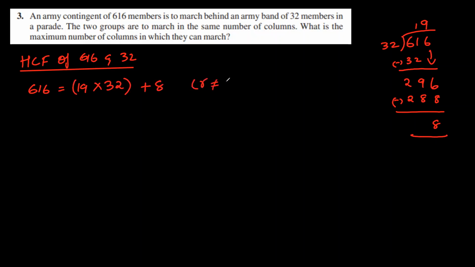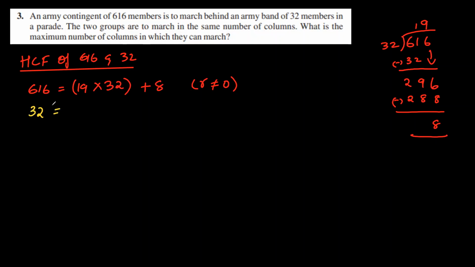As we are not getting the remainder 0, we need to proceed till we get remainder 0. The divisor, whatever you have in the previous step, will be the dividend in the next step, and the remainder will be the divisor.